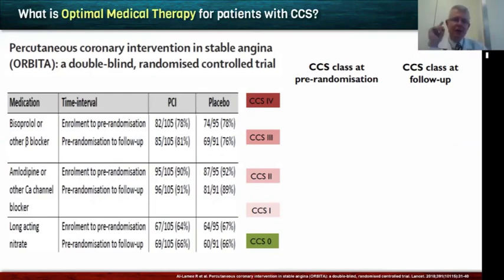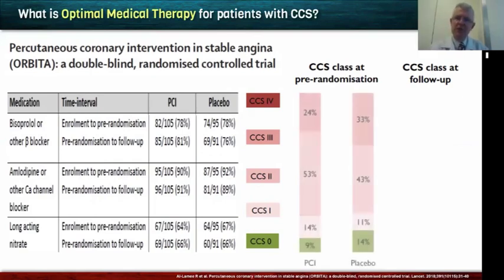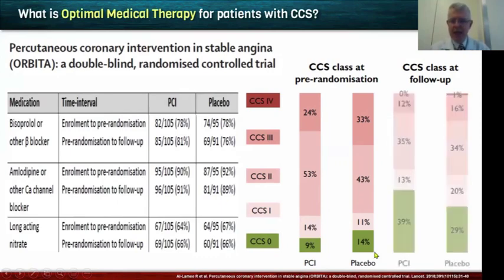But I'd like to draw your attention to the medical treatment and to the symptom control. This is pre-randomization, and you see here the functional class of angina ranging from 0 to 4, very limiting angina. And then let's see what happened at the follow-up in both arms of the trial, PCI and placebo.